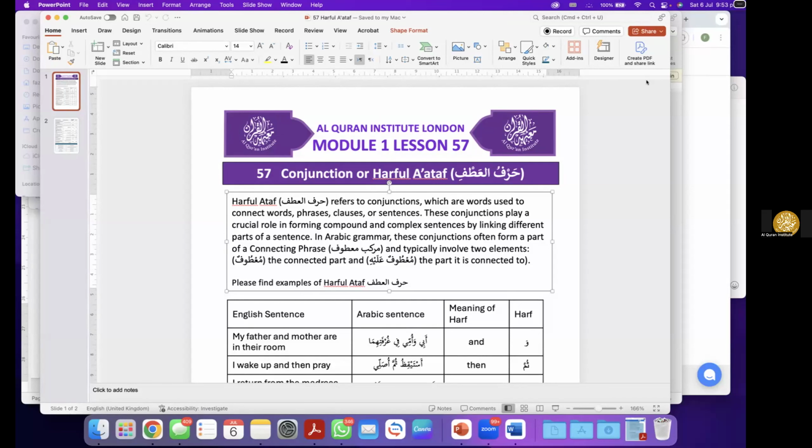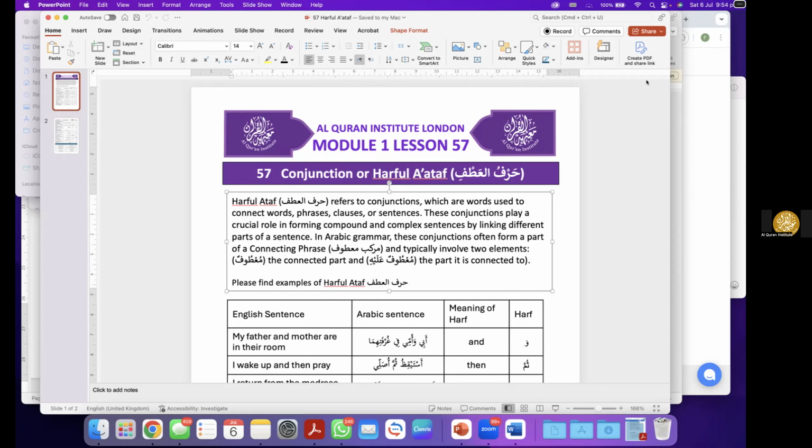A sentence is a complete sentence, with all the elements: mubtada, khabar, muta'alliq bil khabar, etc. Jumlatul fi'liya: fi'l, fa'il, maf'ul, etc. Complete sentence. Clauses are not individual sentences by themselves. It's a combination of a number of things, and it will only be part of a sentence. An ideal example, please remember: ismul mawsul, silatul mawsul.